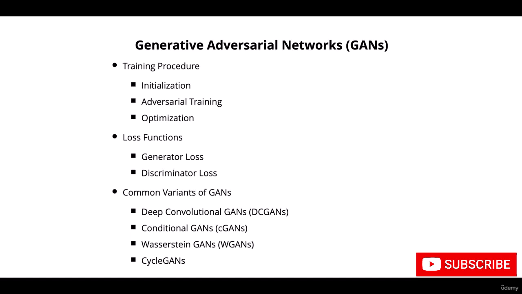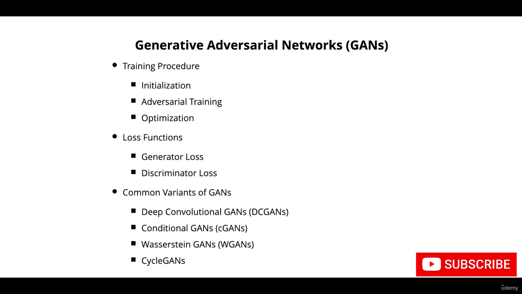For the training procedure, it's three steps. First is initialization, where you initialize the parameters of the generator and the discriminator networks. The next step is adversarial training, where the generator generates fake samples from random noise. The discriminator classifies both real and fake samples as real or fake. The generator is trained to produce samples that fool the discriminator, maximizing the probability of fake samples being classified as real.